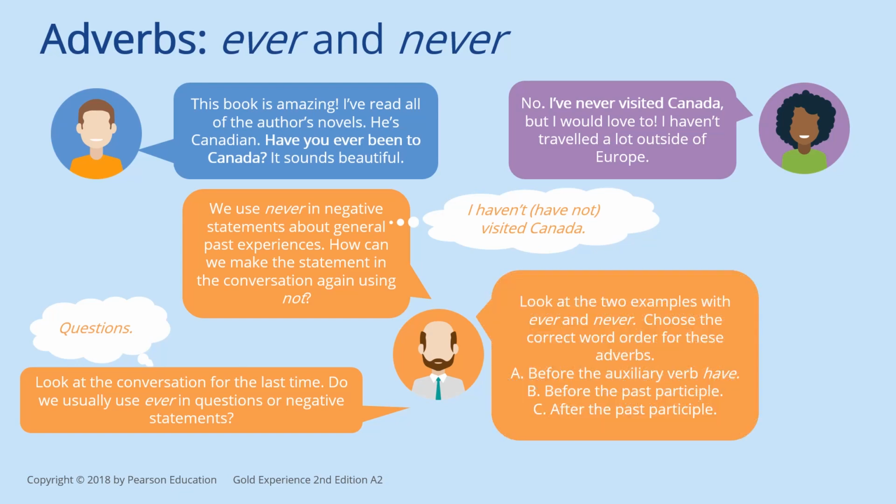Look at the two examples with ever and never. Choose the correct word order for these adverbs. And the correct answer is B. We use ever and never after the auxiliary verb have and before the past participle.